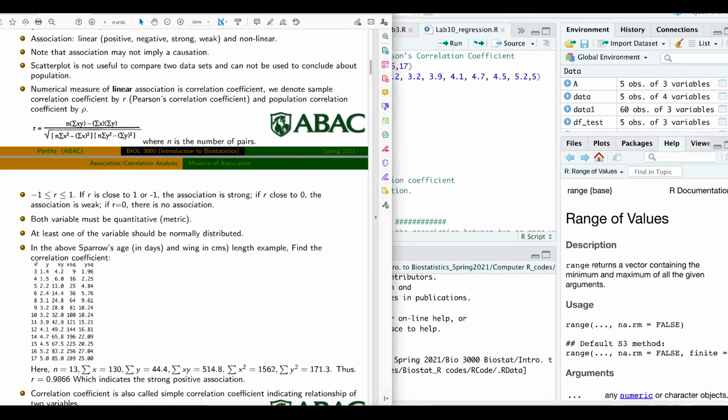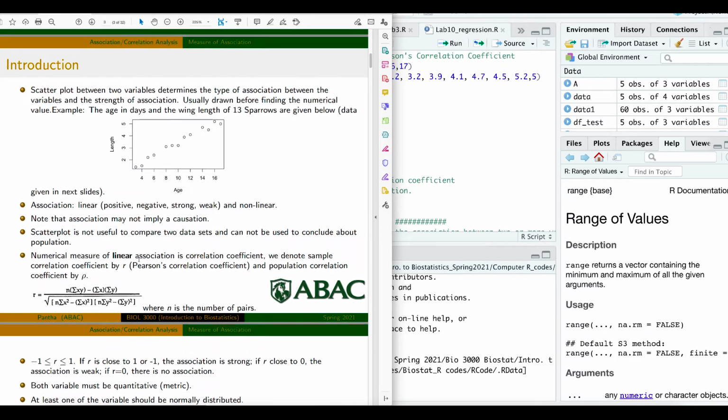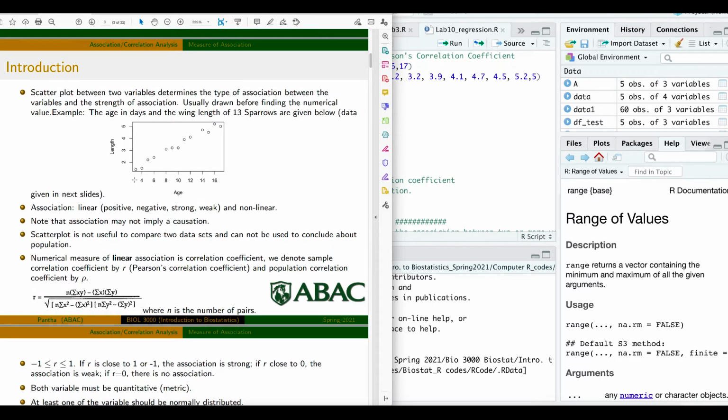X stands for the age of the sparrows in days from birth, and Y stands for the length of the wings in centimeters. We plot X and Y along the x-axis and y-axis, and this is the scatter plot for that.